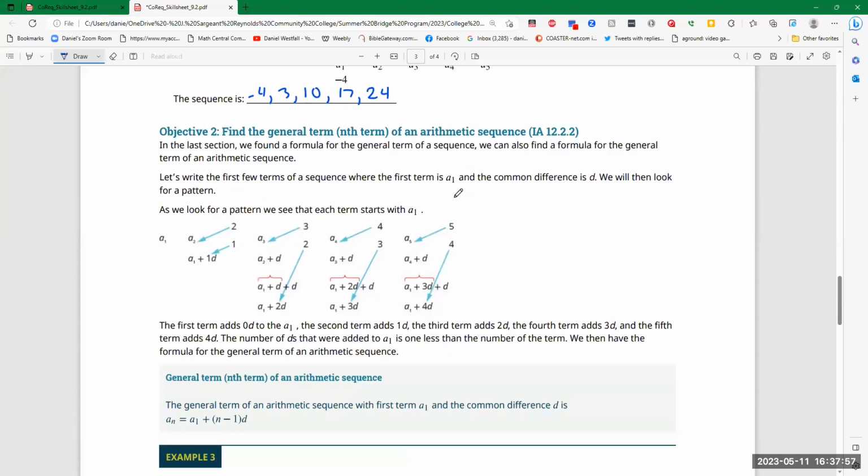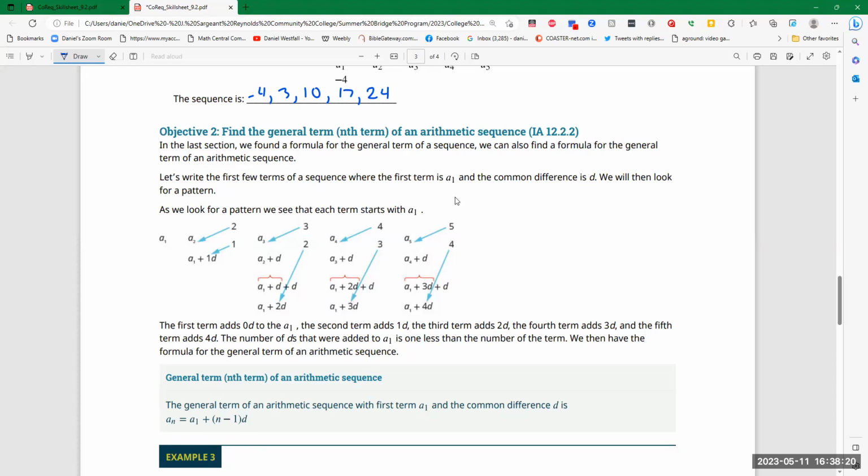So now we're going to work on the general or the nth term of the sequence. And we're going to do exactly what I was just saying. Look at it, that the difference here between these is d. So I'm going to add 1 times d. The difference to get over here is going to be 2 times d. To get all the way over here is going to be 3 times d.